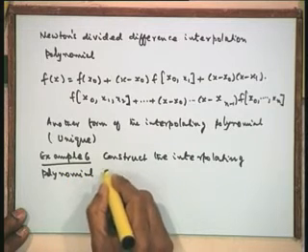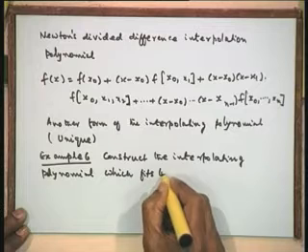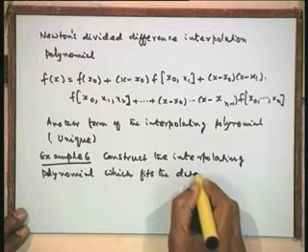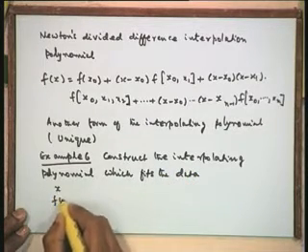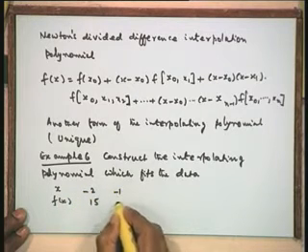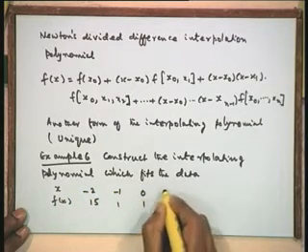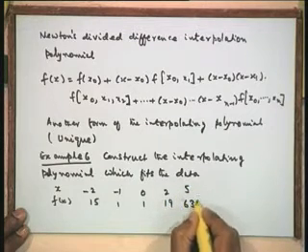Construct the interpolating polynomial which fits the data x, f x: minus 2, 15; minus 1, 1; 0, 1; 2, 19; 5, 6; 31.